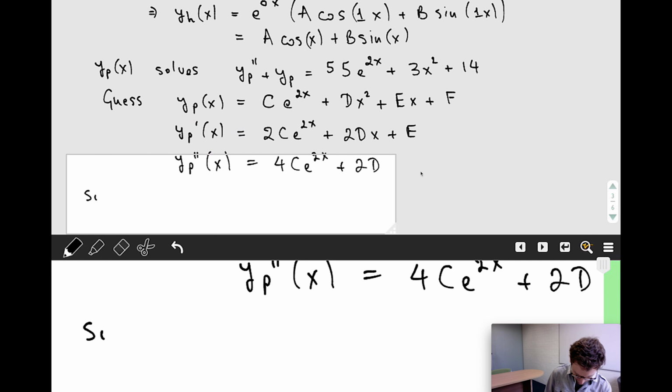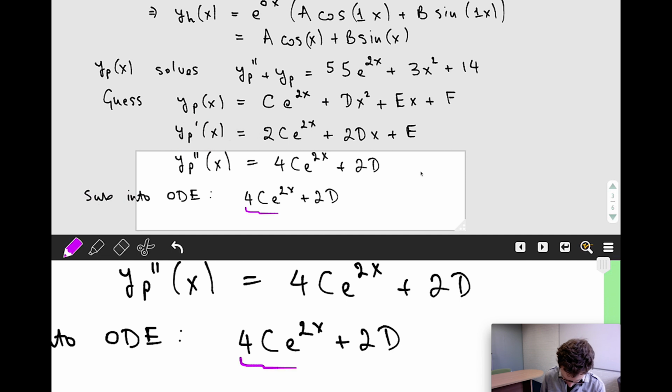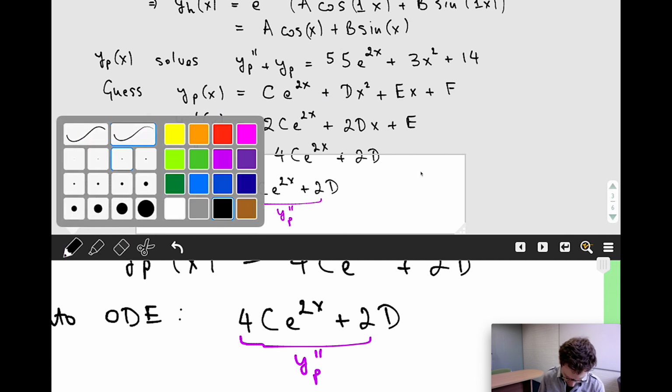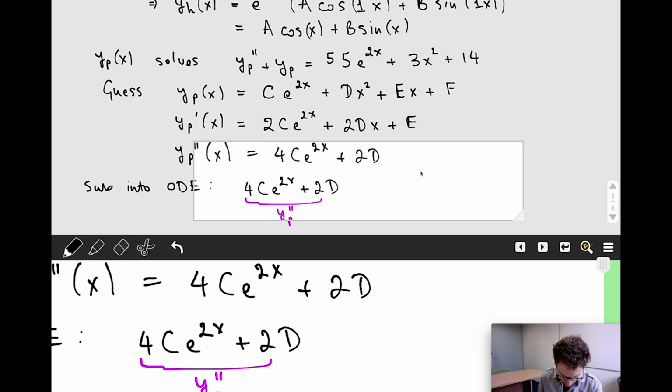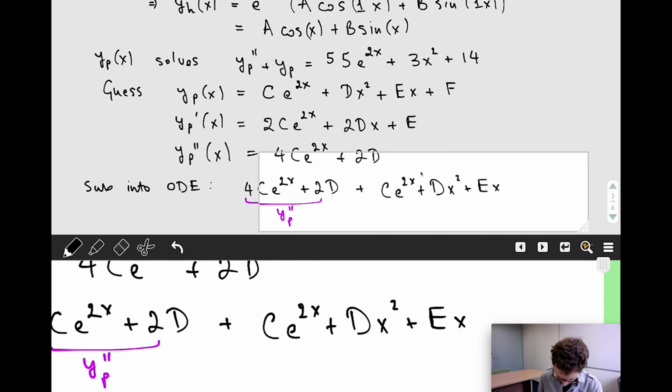Sub this into my non-homogeneous ordinary differential equation. That's going to give me y double prime, so 4c e to the 2x plus 2d, plus yp, which was c e to the 2x plus dx squared plus ex plus f.